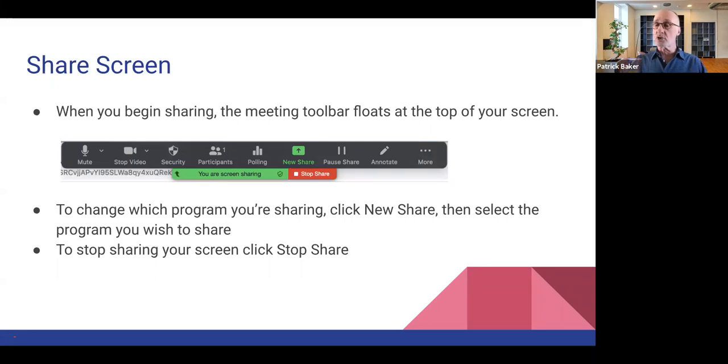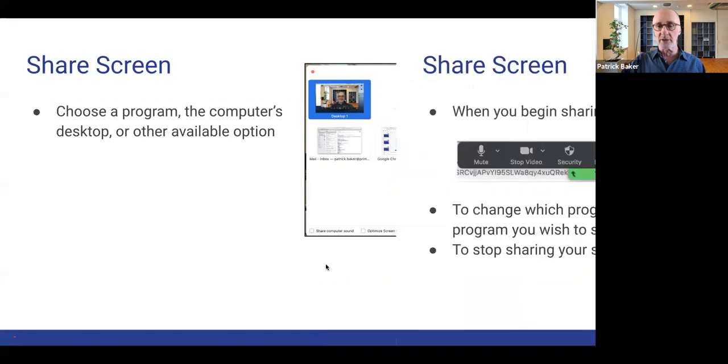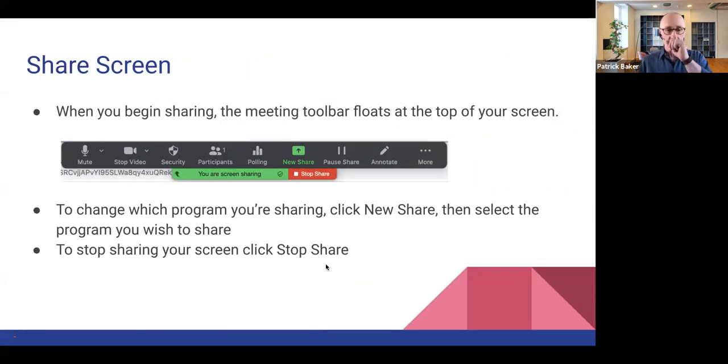If you needed to switch programs as far as what you wanted to share, you would click on that new share button that you see there in green, and that would basically open up this window here where all my programs are listed, and I could pick the other thing that I wanted to share.